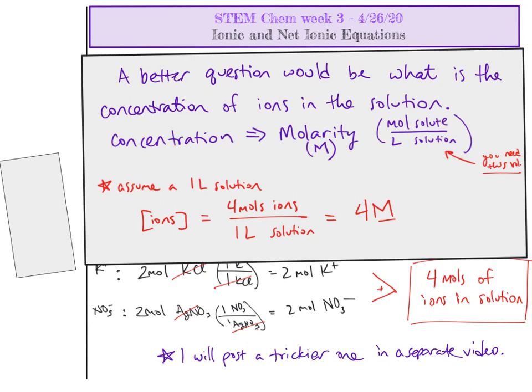I would say, okay, well, what's my number of moles of solute? The ions are my solute. They are what is dissolved. So I would have 4 moles of ions in my 1 liter of solution. Do the math, and I get a 4 molar solution of ions, okay? So that's kind of where we're going with this, and then we'll take it into full stoichiometry with reactions after we get back into math next week.